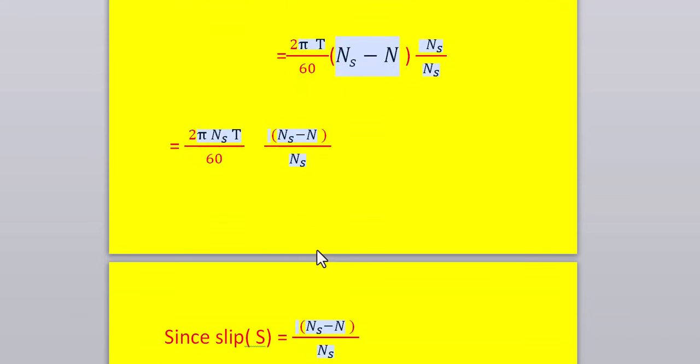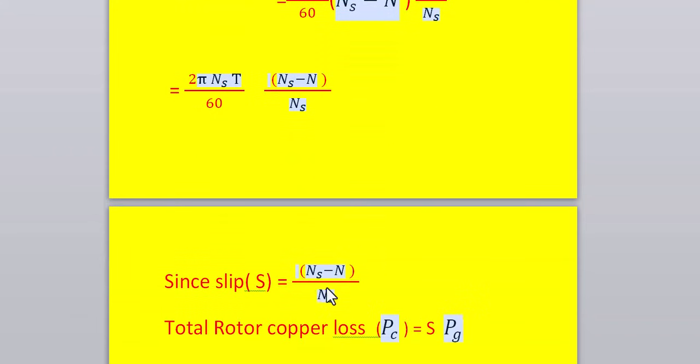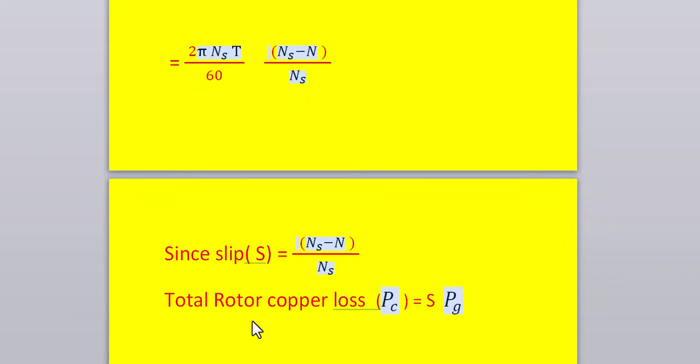So this can be replaced with the slip, and the rotor copper loss can be written like this: S into Pg, and this 2 pi Ns T by 60 is nothing but air gap power.